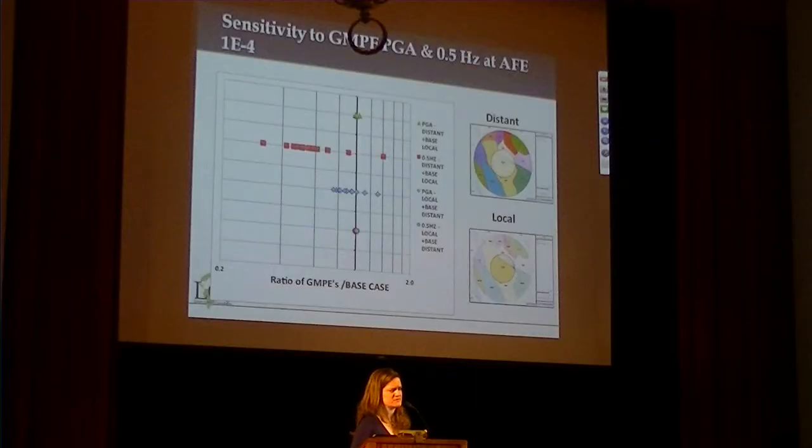PGA from the distant sources is the sensitivity, and to keep the hazards so we know where we're at, the local sources are using the base models. For the blue symbols, you see more of a distribution for PGA because that's what's important to the local sources. So PGA is controlled only by local, long periods by distant.